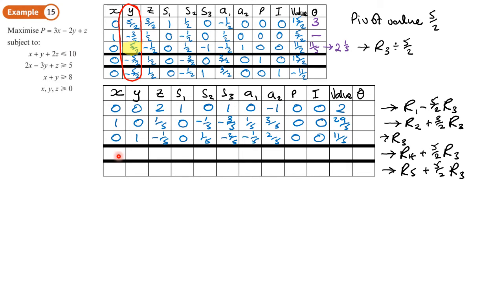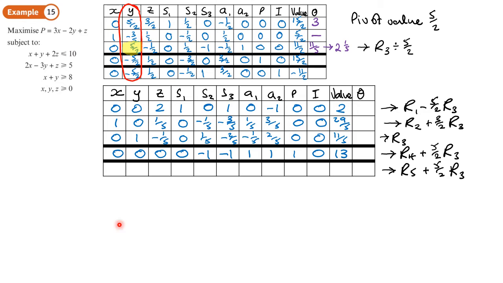Then we move down here to our objective rows. So this is the objective P that's going to go in this row here. And the values we're going to get after doing the row operations here will be 0, 0, 0, 0, then negative 1, negative 1, then 1 and 1 for the artificial variables, 1 here, 0 here, and a value of 13.